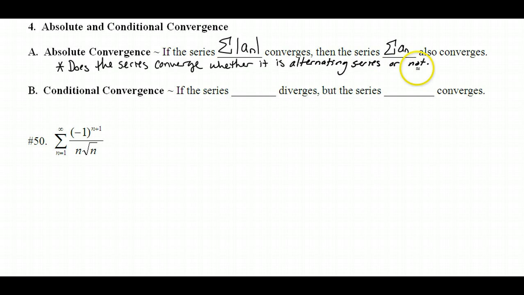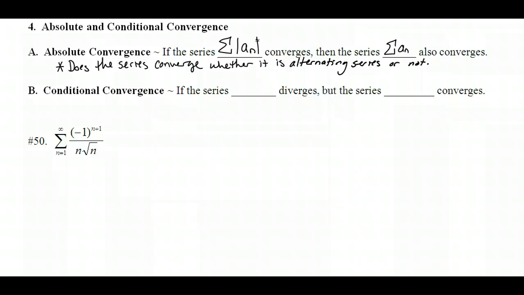So if I take the absolute value of it, the absolute value will ignore the alternating portion. If that converges, well, whether it's alternating or not alternating, it will converge. It is absolutely convergent no matter what.